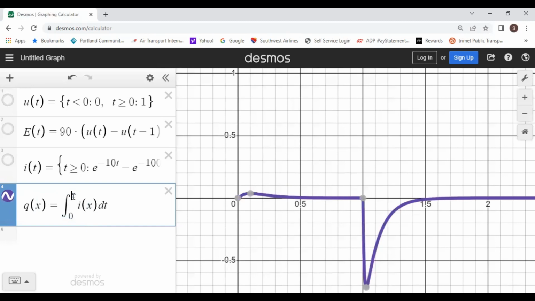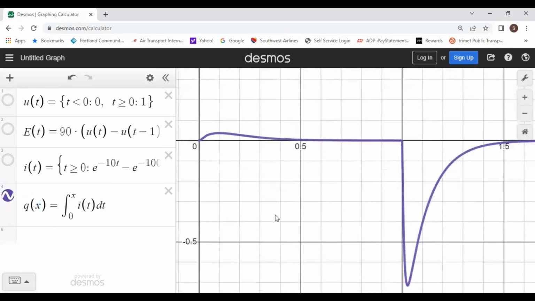I just made a classic blunder. The classic blunder here of using the same variable for both parts of the integral here. Okay. So there we go. That's better. So Q of x is the integral from 0 to x of I of t with respect to t.